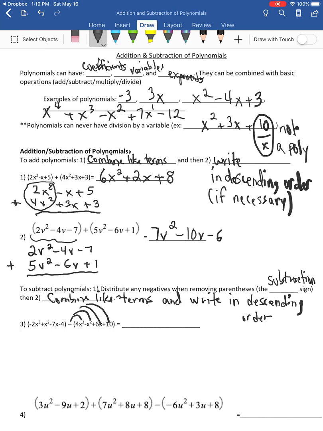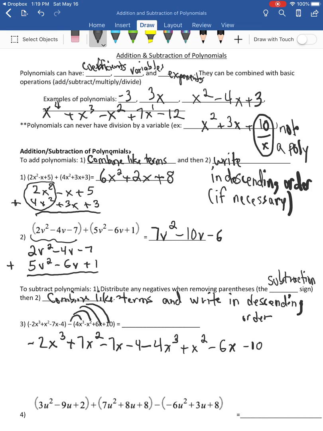All right, so let's take a look. So I'm going to keep the first polynomial like it is. So that's negative 2x cubed plus 7x squared minus 7x minus 4. And then I'm going to have to distribute this negative again. That's going to be minus 4x cubed minus x squared positive x squared minus 6x, and then we have minus 10.